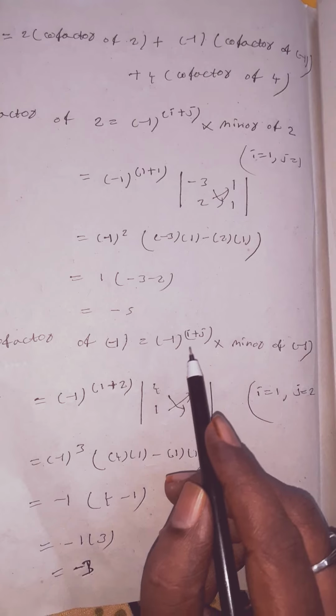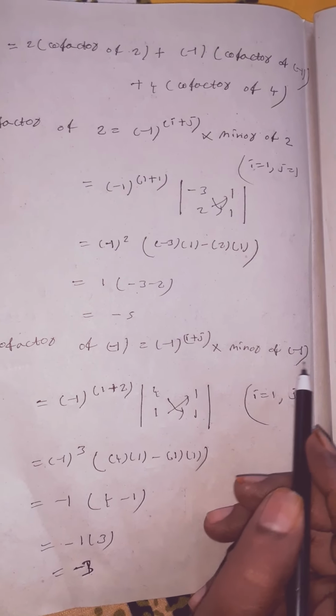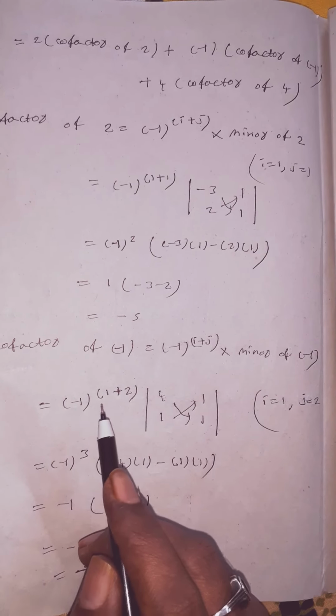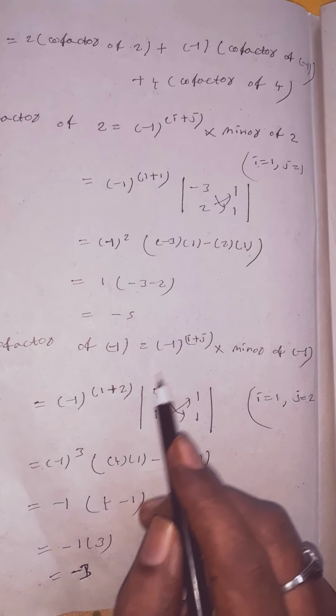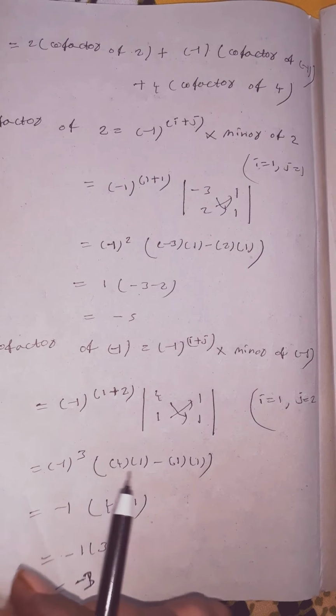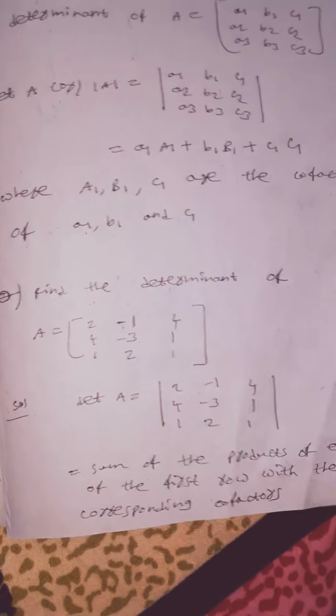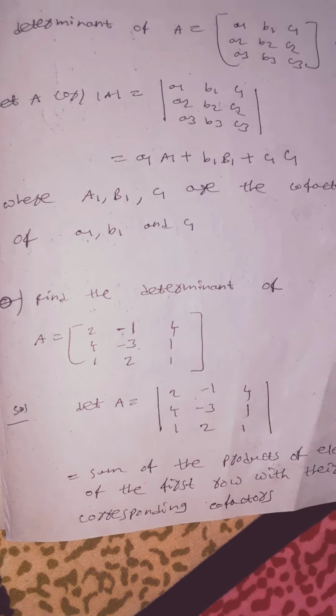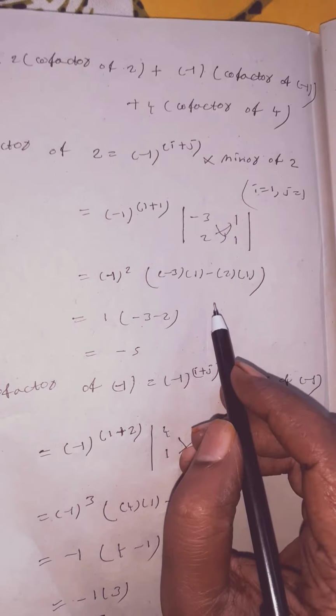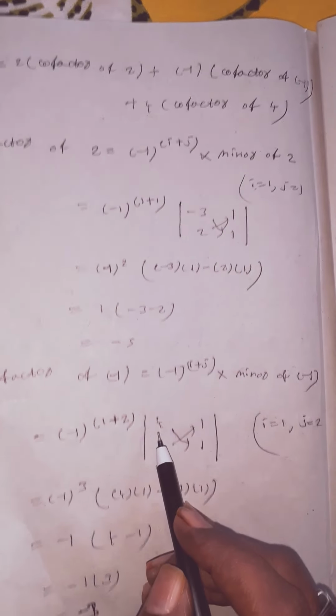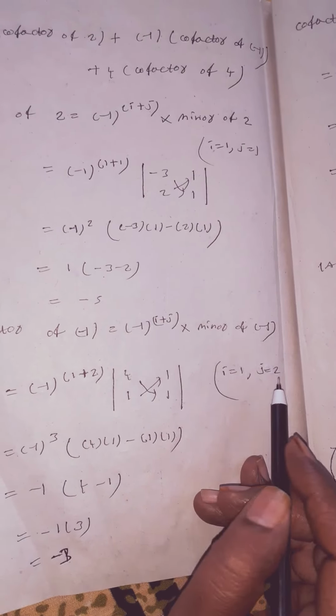Next, cofactor of minus 1. Same formula, minus 1 power i plus j into minor of minus 1. Minus 1 is in the first row, second column, so i equal to 1, j equal to 2.